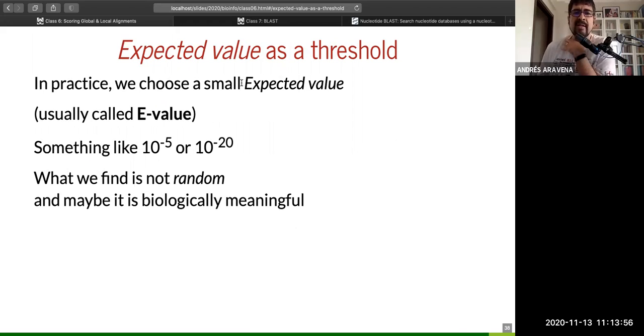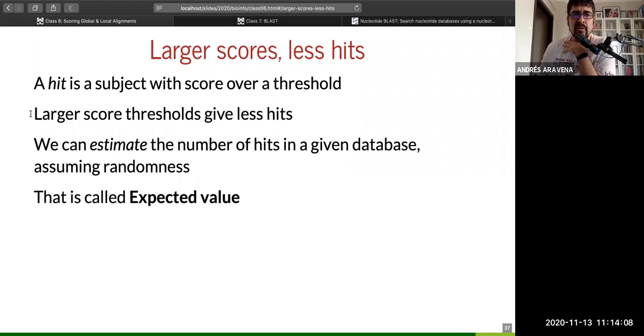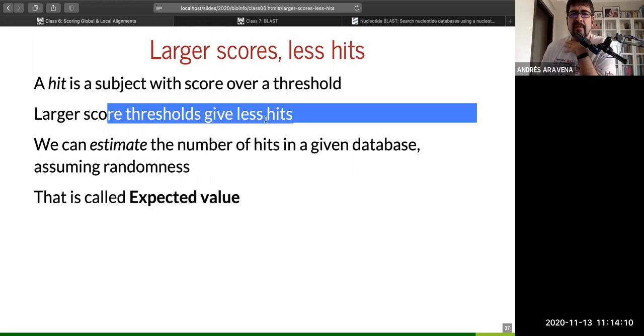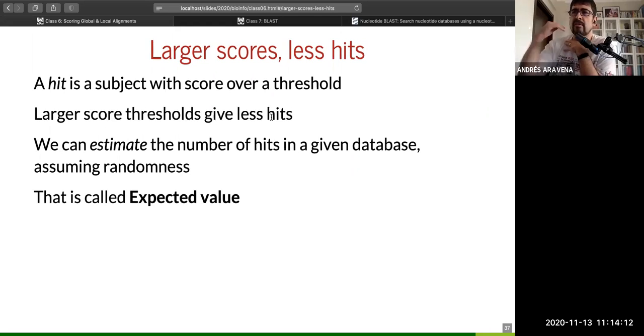But what they ask you is to choose an expected value, an e-value. The smaller the expected value, the higher the score. Remember what we said: a larger score gives fewer hits. If the score is larger, you will have fewer hits. If you have fewer hits, then the estimated number of hits will be smaller.